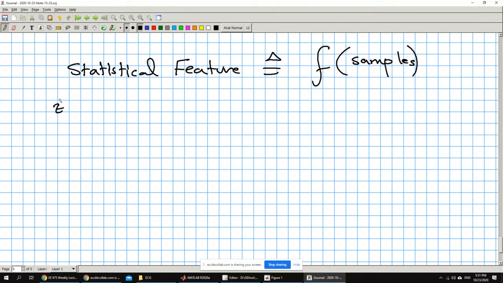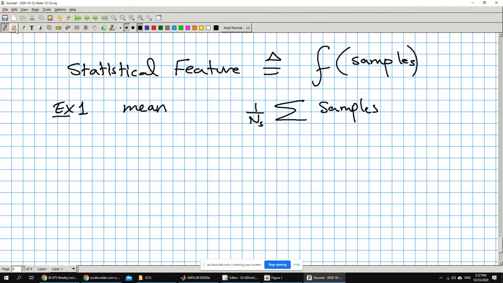Like, for example, the mean. How can you compute the mean? If I take the summation of the samples and divide by the number of samples, this will be a feature. Same for the standard deviation.